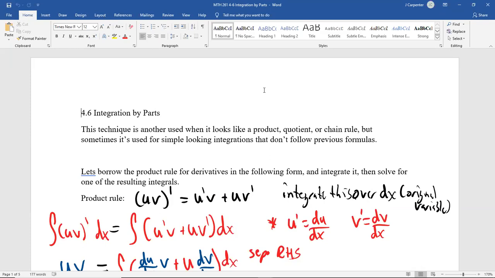So integration by substitution is used when you have a product or a quotient or a chain rule and you think that a substitution would make it look cleaner. But sometimes, and quite honestly most of the time in the real world, there's no convenient substitution. Those substitutions are all hinging on being able to cancel out another pair of x's by taking the derivative of your u and having it be a variation of the other part of x's that are there.